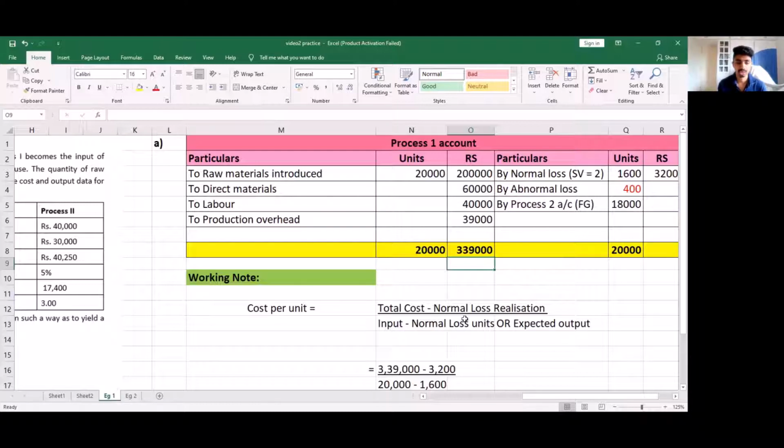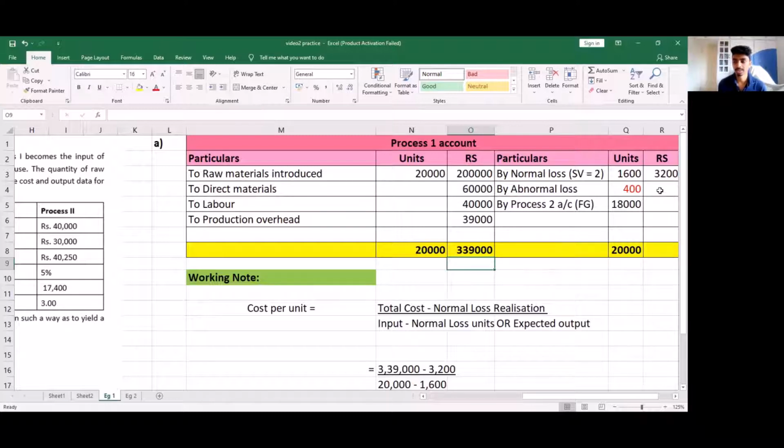So this is our cost per unit. We need to know that cost per unit is the rate that we use for abnormal loss, for finished goods, and for abnormal gain. So for all these three things, we use cost per unit. Now we know that it is 18.25 per unit.